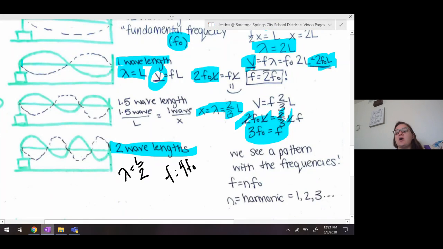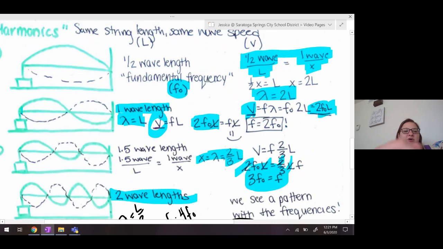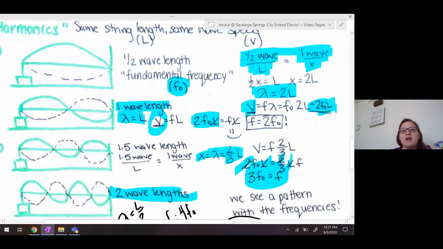Okay. So again, we see a pattern emerging with these harmonics. A shortcut for this, and some of the questions will ask about this, is if you know the original fundamental frequency, you can find any other frequency for the harmonics by just multiplying by the harmonic number. And the harmonic number is essentially the number of what I'm going to later describe as antinodes.